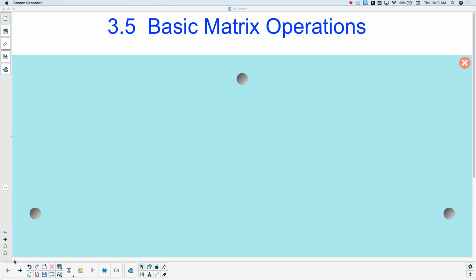Okay? Those 3 topics, so your next 3 class periods, have questions directly on the final. So there will be a matrix addition or subtraction problem on your final. There will be a matrix multiplication question on your final. There will be a determinant question on your final.